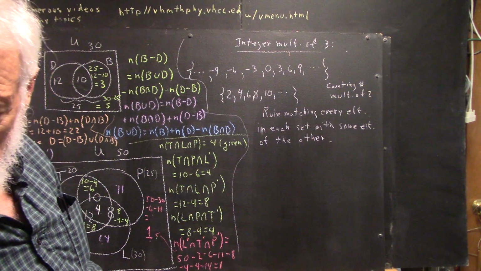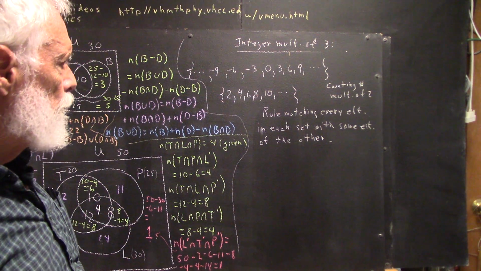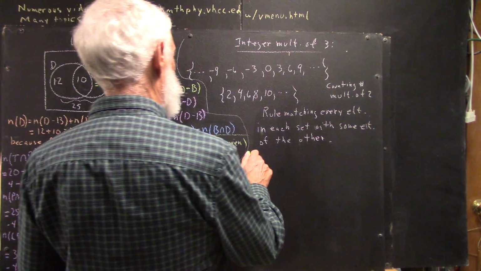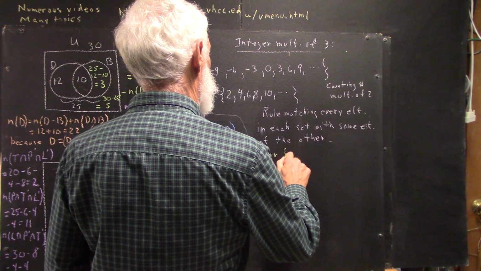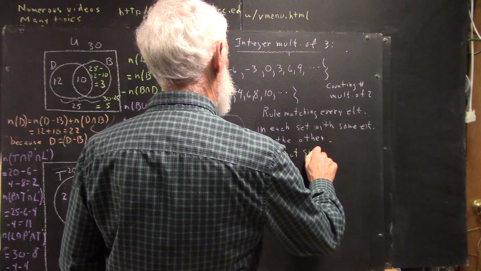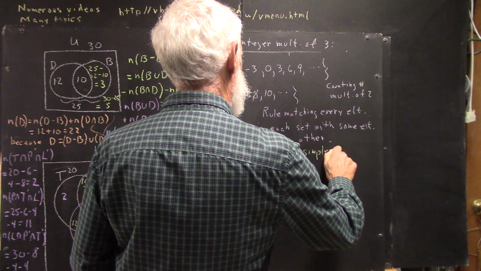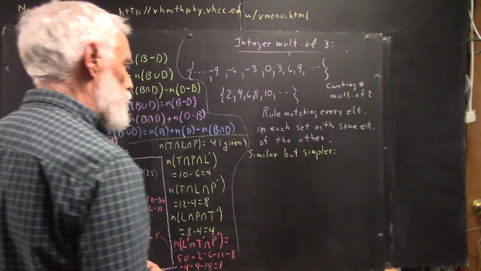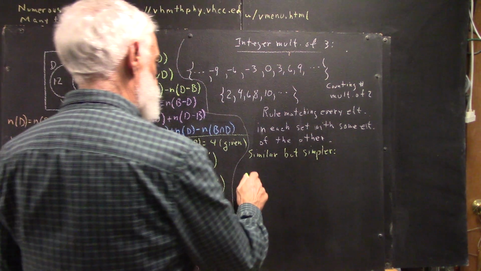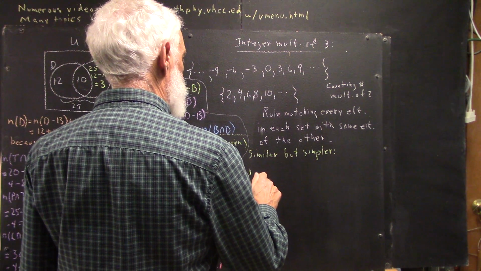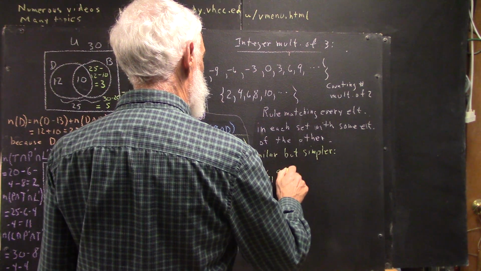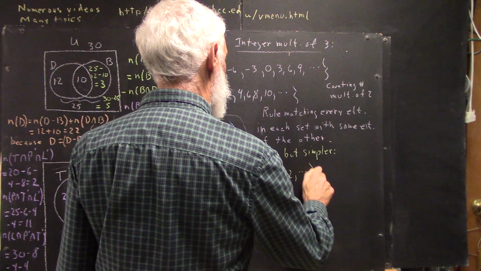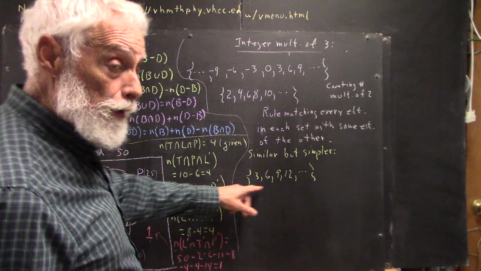But I'm going to do something here now. I'm going to use a problem-solving strategy where I use a similar but simpler problem. So similar but simpler. I'm just going to take the sets that you wanted to start with. This one, which is the counting multiples of 3.